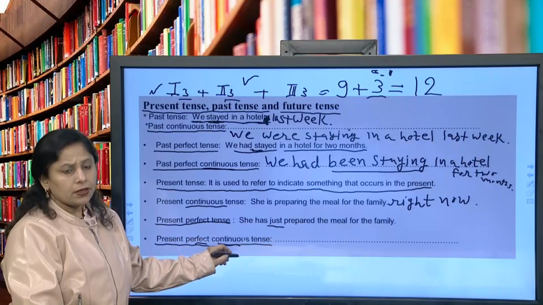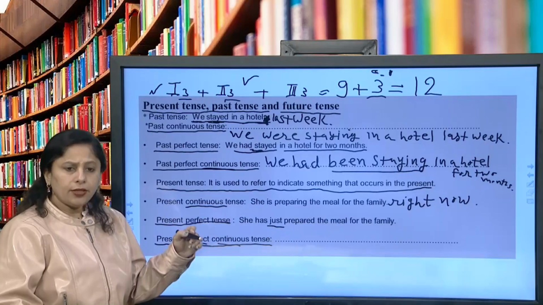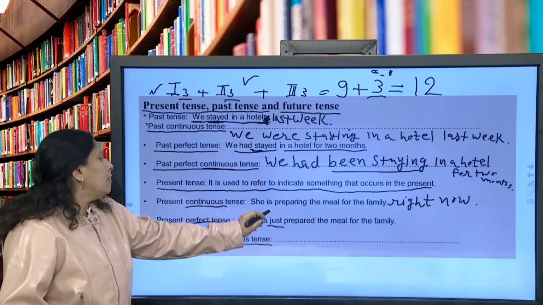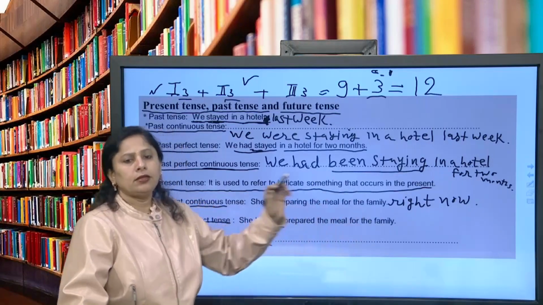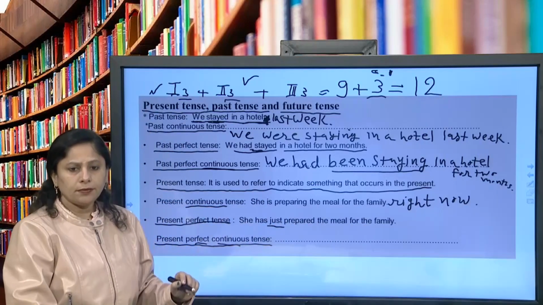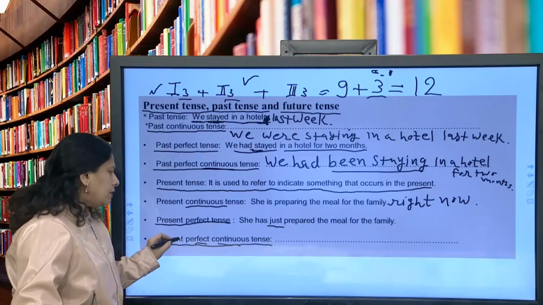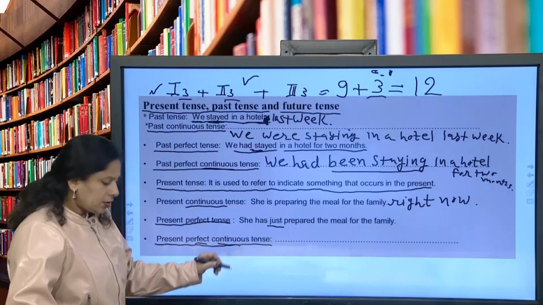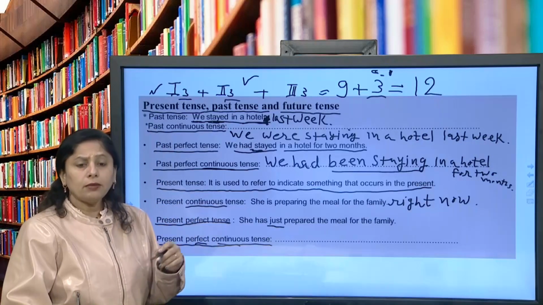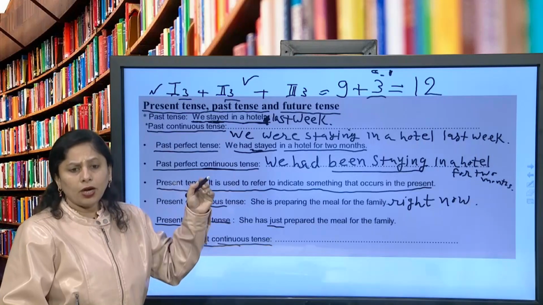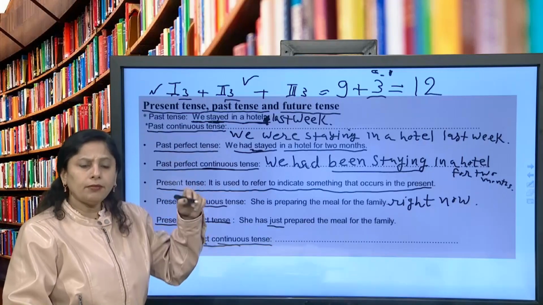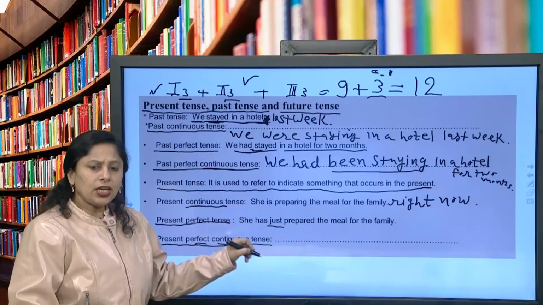In the present perfect continuous tense, it would be changed and it would be as she has been preparing the meal for the family for 2 hours, since 2 hours, in that way. So the present perfect continuous tense deals with the current event. Of course, the event is going on, but it has been started 1 hour ago, 2 hours ago, or in a particular period of time it has been started and it is still going on.